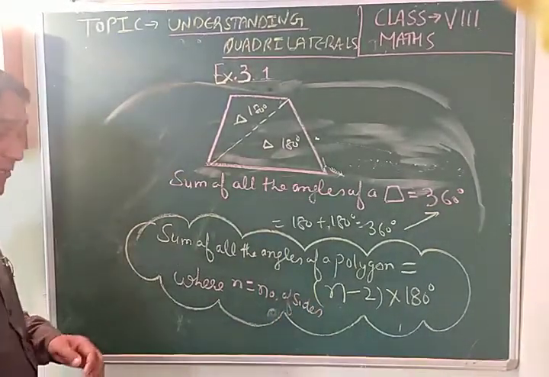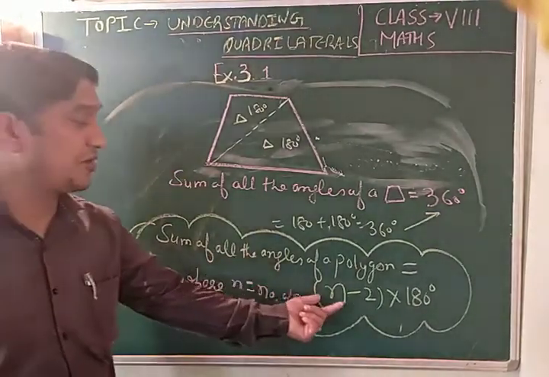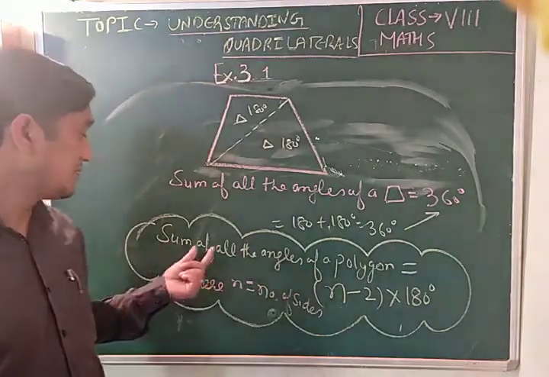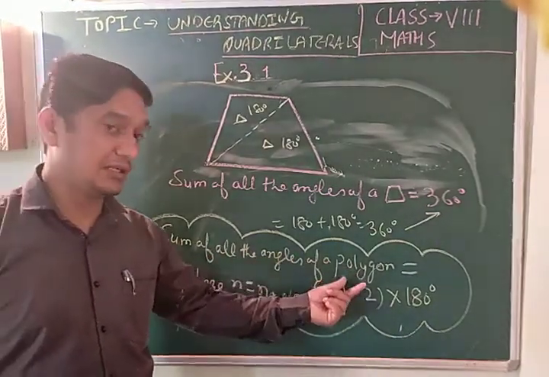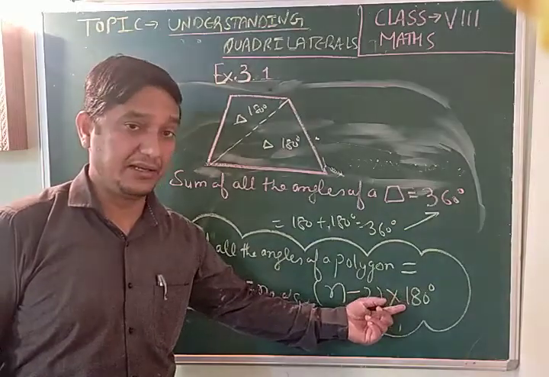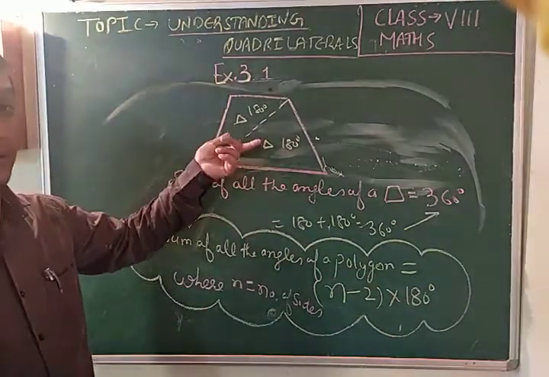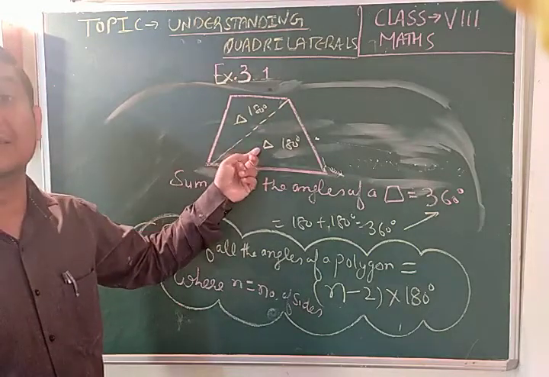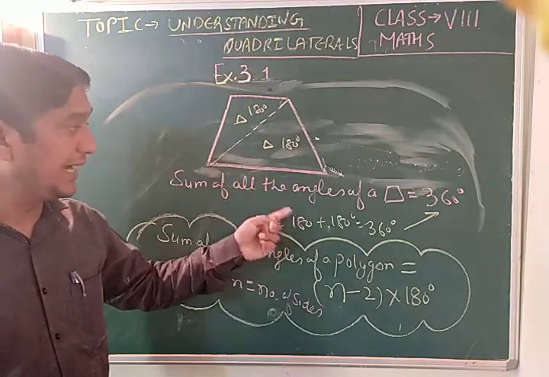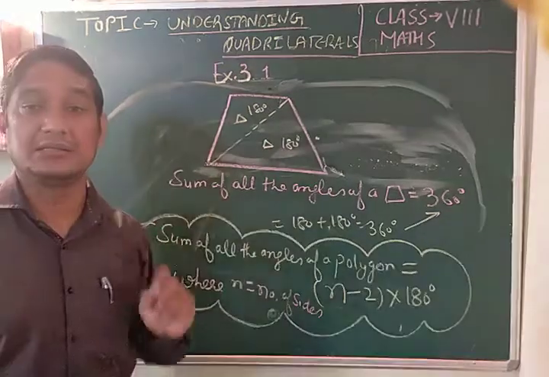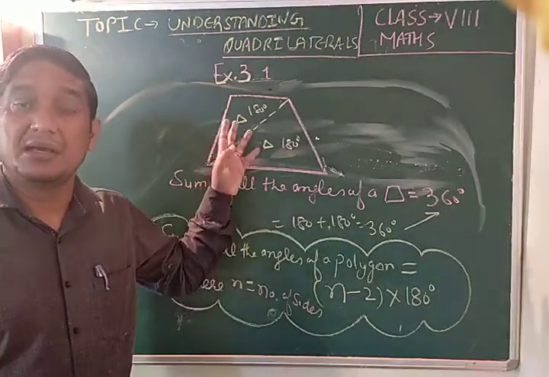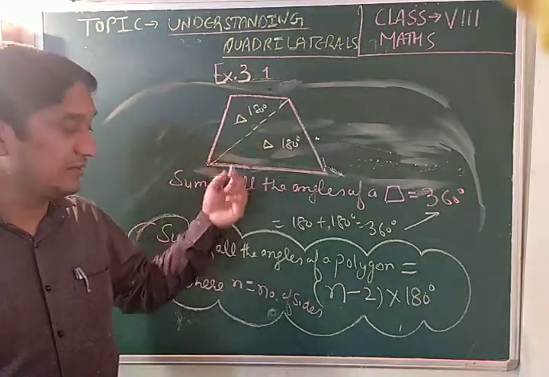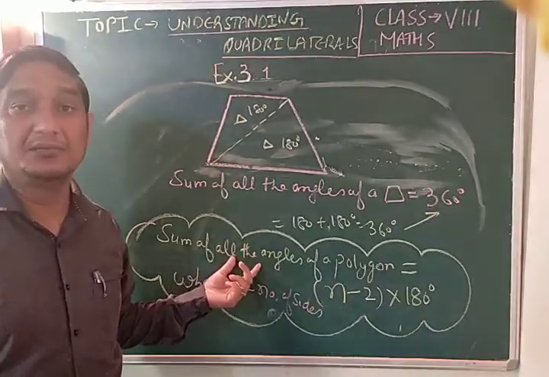So children, if you were not able to recall the formula, that is n minus 2 into 180 degrees, you may divide the figure into triangles, and then you have to add like this: 180 plus 180 is 360. This is another method of finding the sum of all the angles of a polygon.